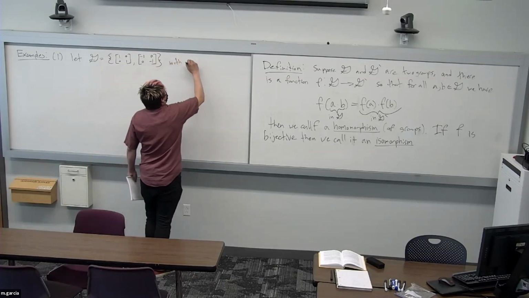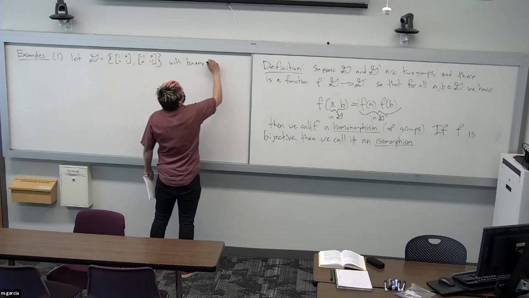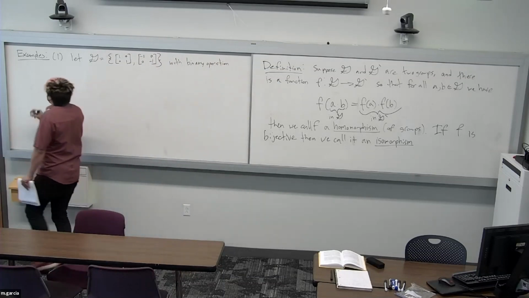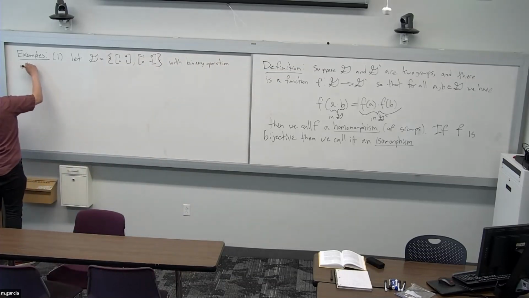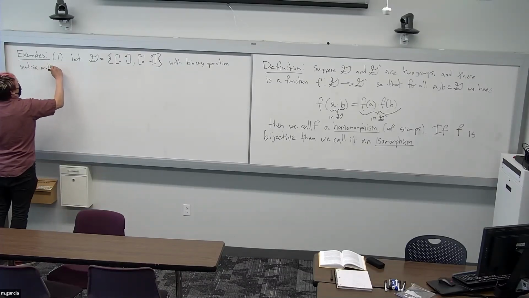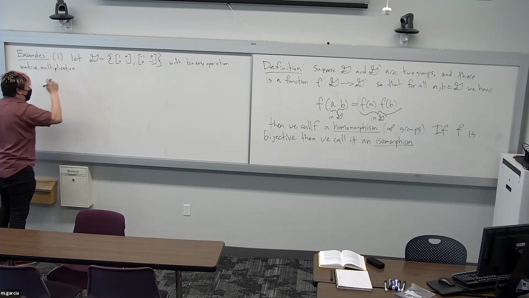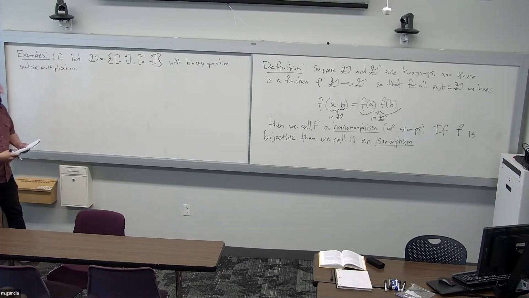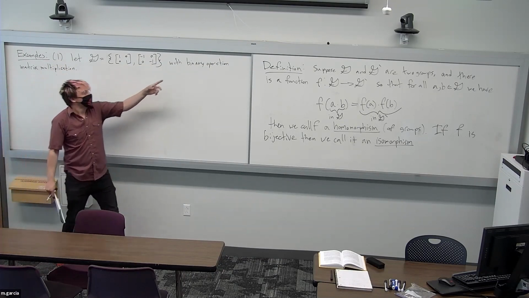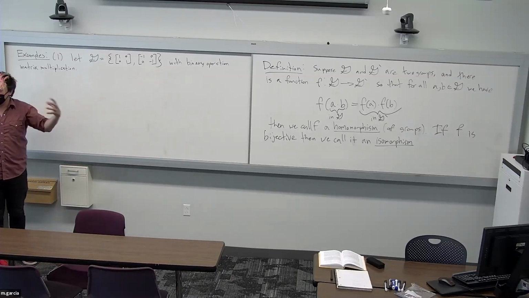With binary operation, matrix multiplication. Okay, so not surprisingly, the identity matrix is the identity of matrix multiplication, right? Take any matrix, multiply it by the identity matrix, you get that matrix back.